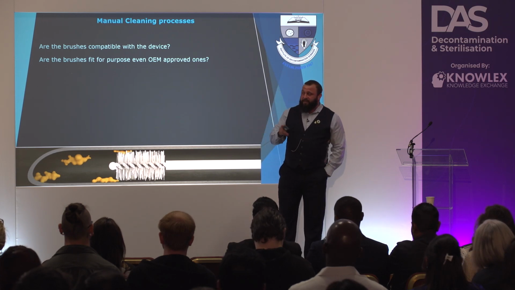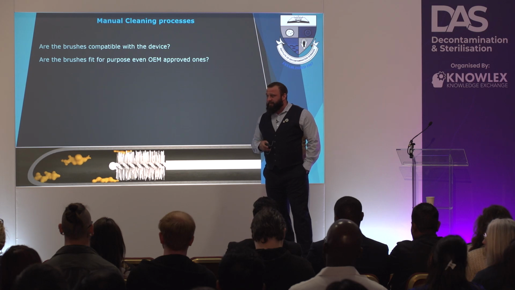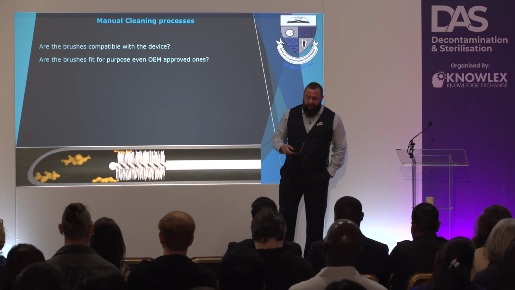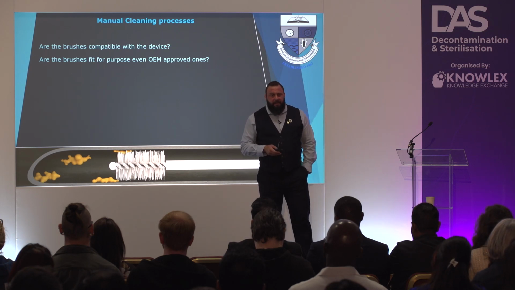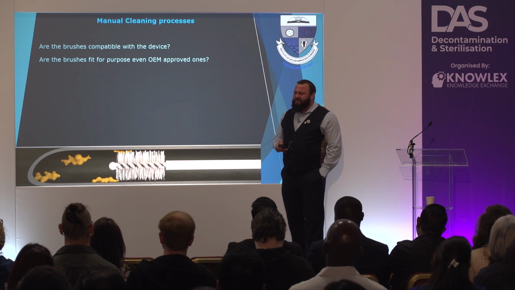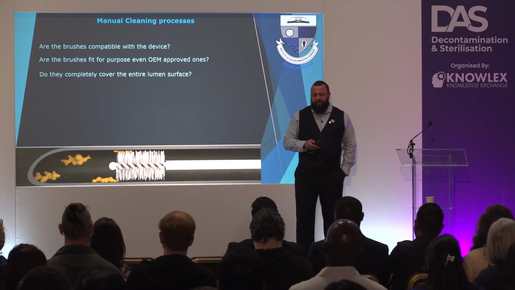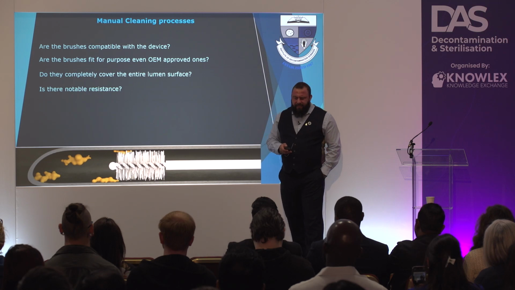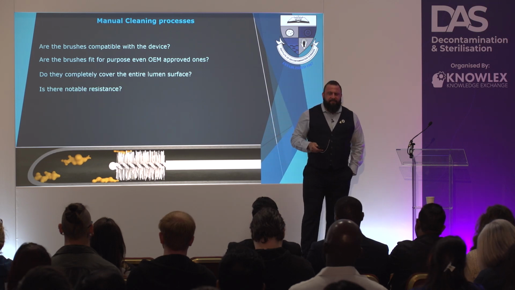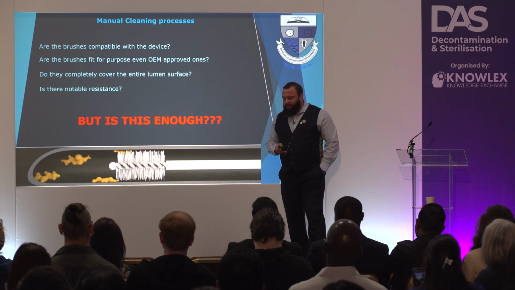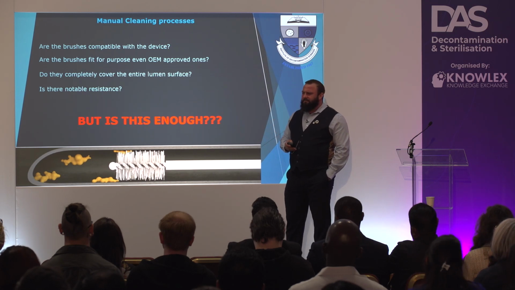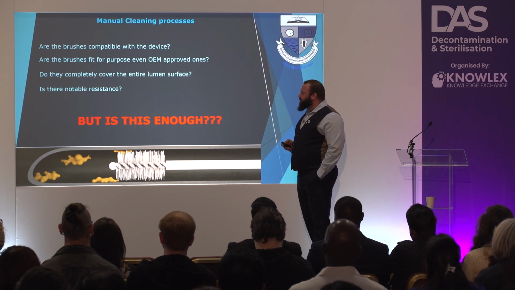And I think if anyone who's out in the room, you'll know you've had brushes recommended from the OEMs, or the OEM branded brushes, that don't quite have that level of resistance. So do they completely cover the entire luminal surface? Is there a notable resistance? Can you feel it having an effect? Is it enough? Do we need to do more?